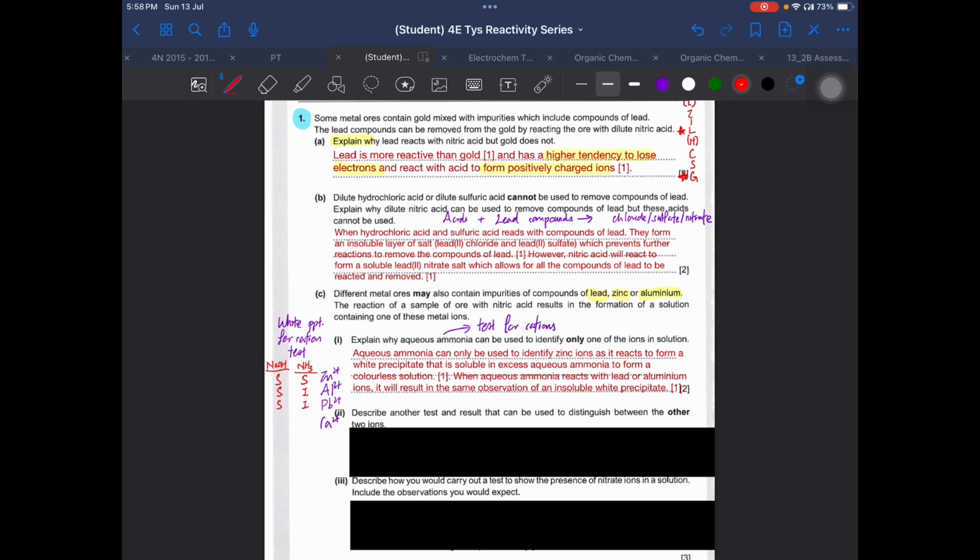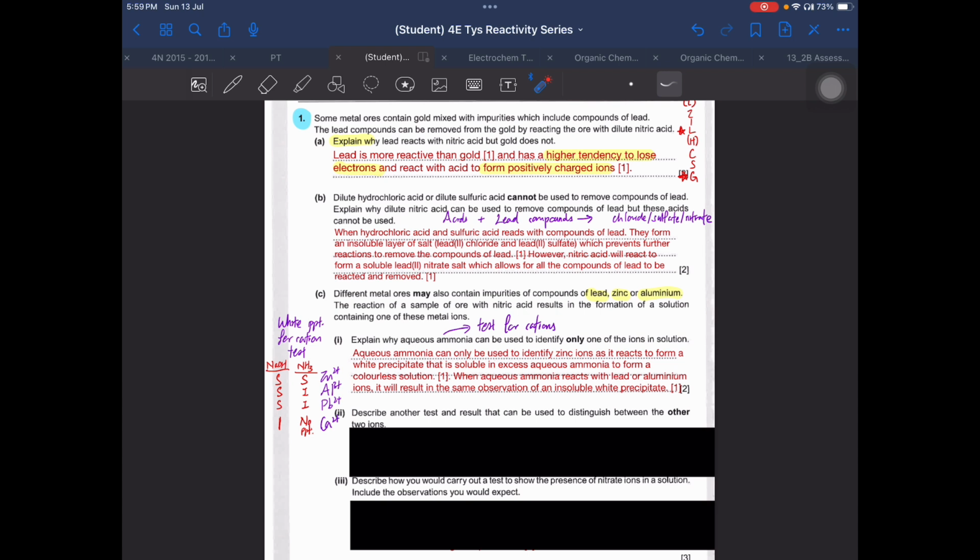Likewise for lead. And for calcium, it will be insoluble for sodium hydroxide, but you will not form any precipitate if you use aqueous ammonia. So this is the part that requires a bit of revision. If you are still not too sure about what exactly are the results for the cation test, do take some time to revise this bit because it's also useful for your practical exam.